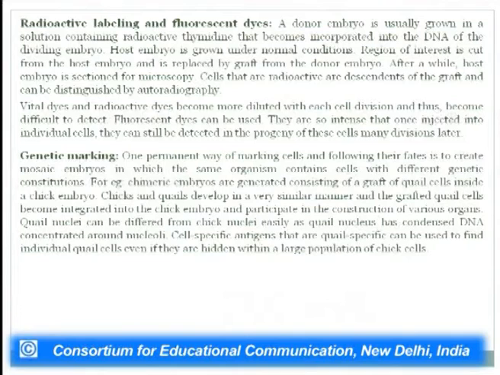Quail nuclei can be distinguished from chick nuclei easily, as the quail nucleus has very condensed DNA which is concentrated around the nucleoli. Cell specific antigens that are quail specific can be used to identify individual quail cells even if they are hidden within a large population of chick cells.